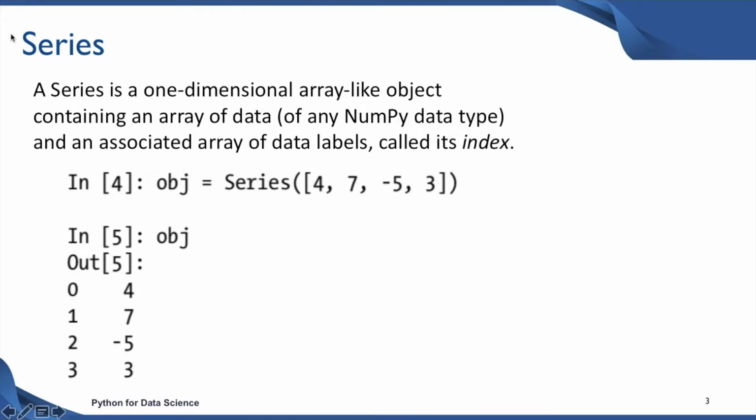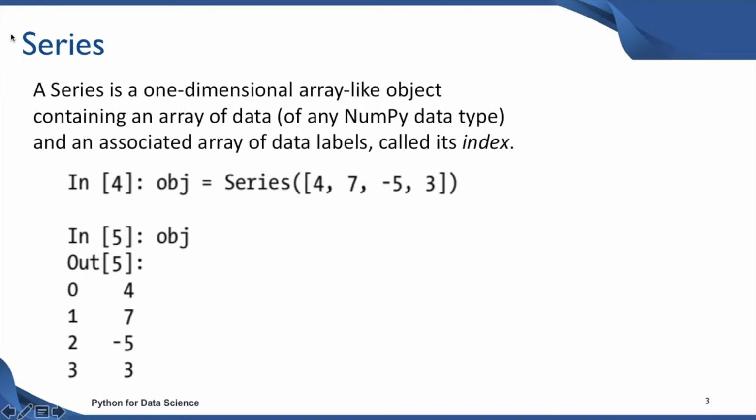Series. A series is a one-dimensional array-like object containing an array of data. This data could be of list type, could be of Numpy data type also, right? The only difference between our series and a Numpy array is that in the series we can have an index.